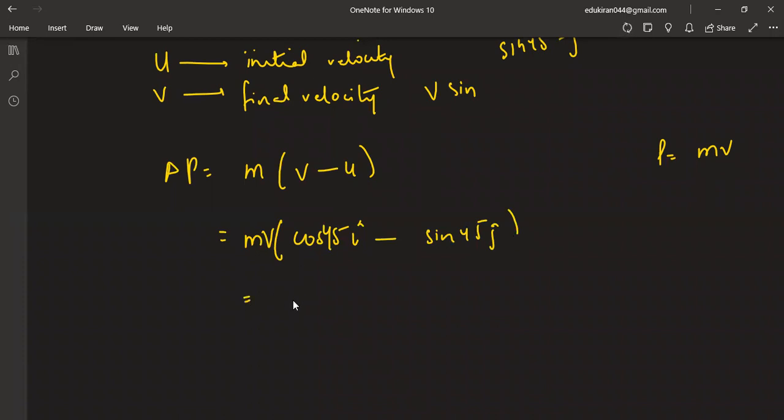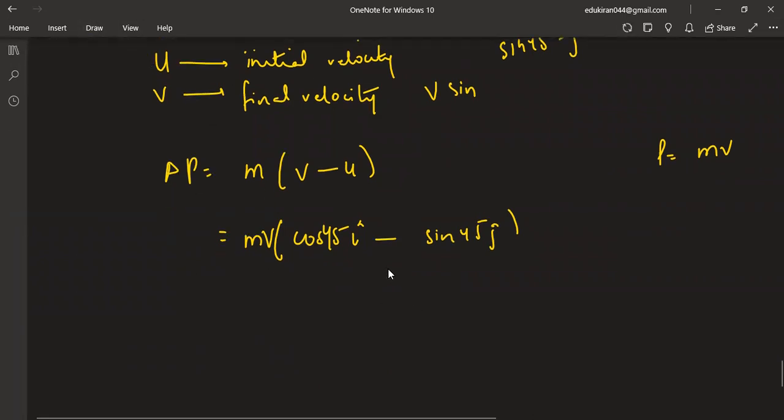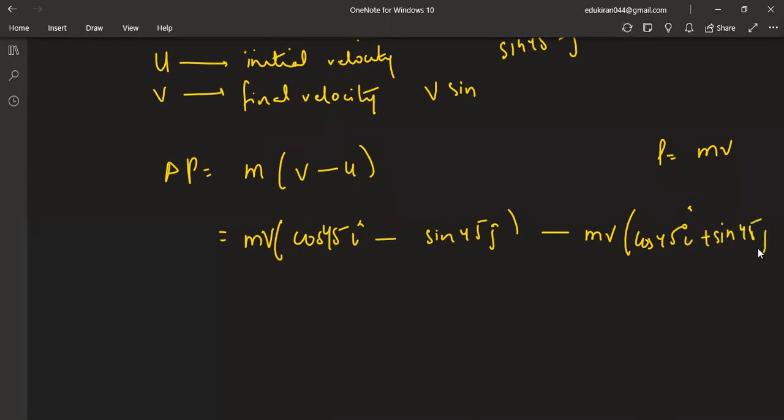This is the initial part, right? This is when it was going. Now, when it is coming, what will we do? We'll subtract. Let's write mv again common. Cos 45 degrees i cap will remain the same, but now minus into minus, this will become plus sine 45 degrees for the j cap.